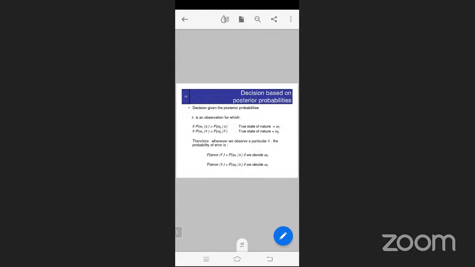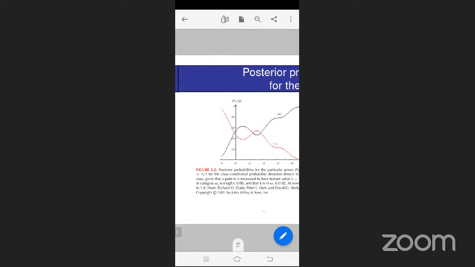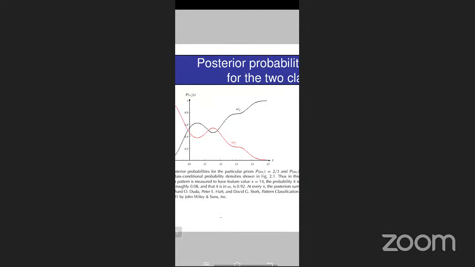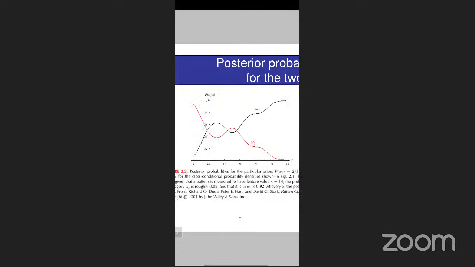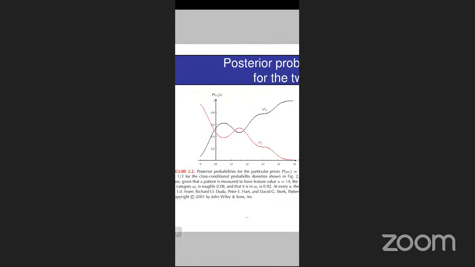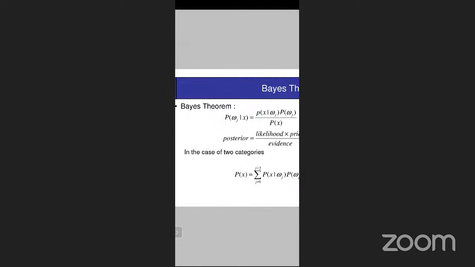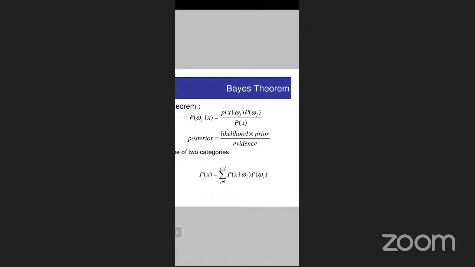So this will be the plot of the posterior probability for omega 1 and omega 2 separately. Now, can somebody tell me what should be the decision in this case? Earlier you told that you make the decision depending on which prior is larger.